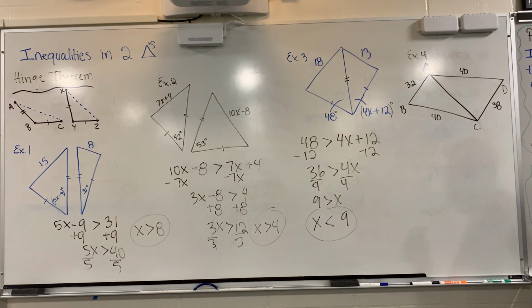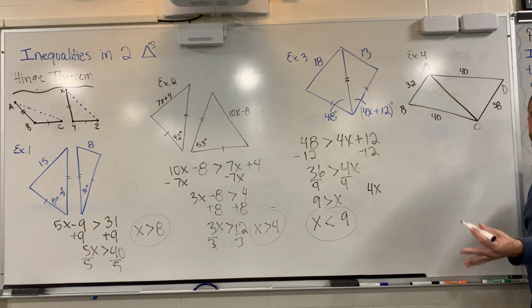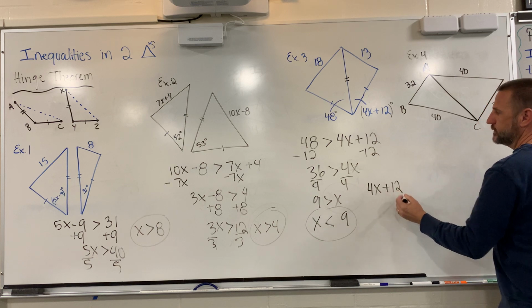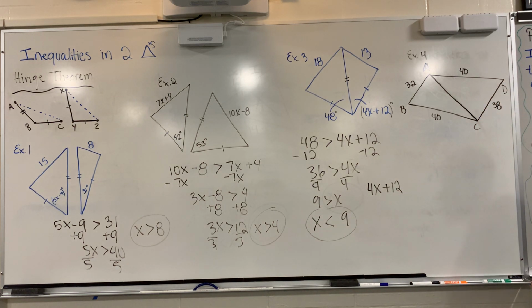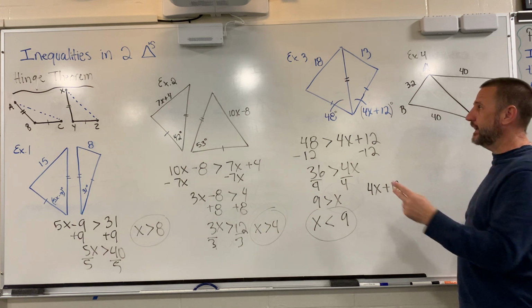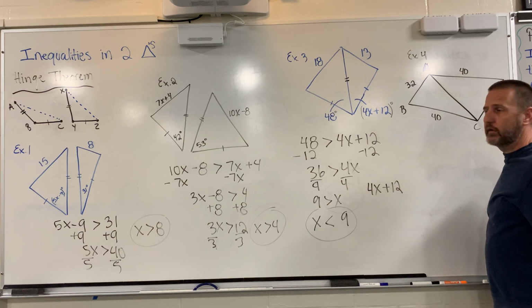Okay, I can't keep going on forever. So what I've got to do is figure out what's the stopping point. I know, for example, I have to be able to say, where does this all stop? And here's where it stops. I know that the angle 4x plus 12 cannot be any number less than 0. I can't have this be a 0 angle because at 0 it's not an angle anymore.